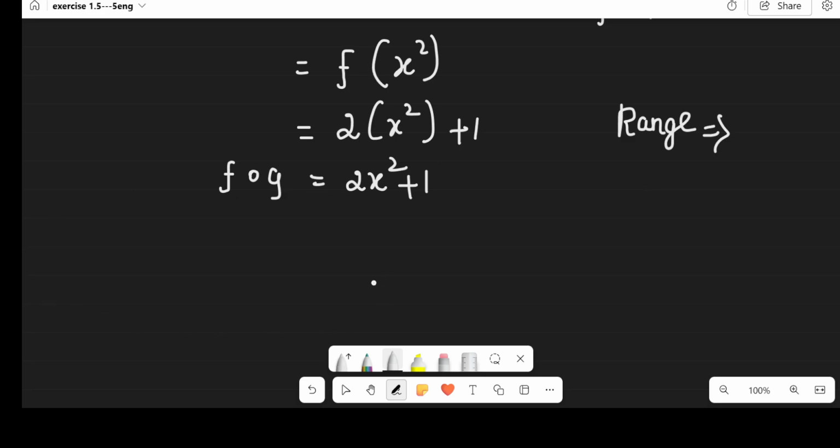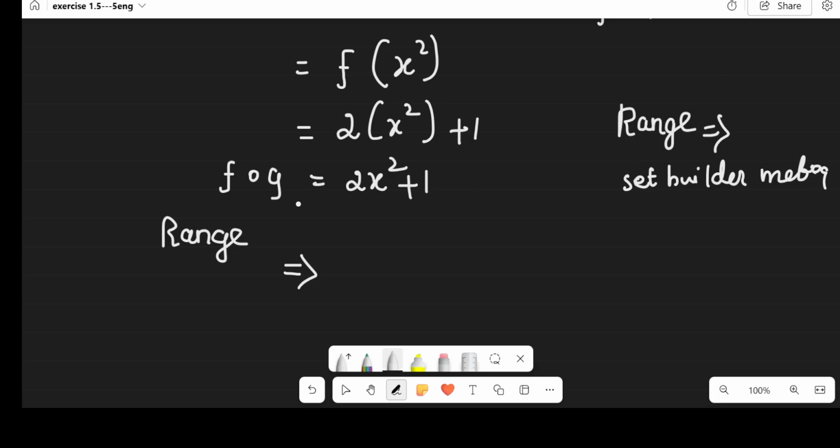Same thing we are going to apply over here. Here I'm going to use the set builder method for representing this function. Why? Because I need to find out the range, right? So what is the set builder method? Set builder method should be represented in the brackets, set brackets. This is set brackets, right?